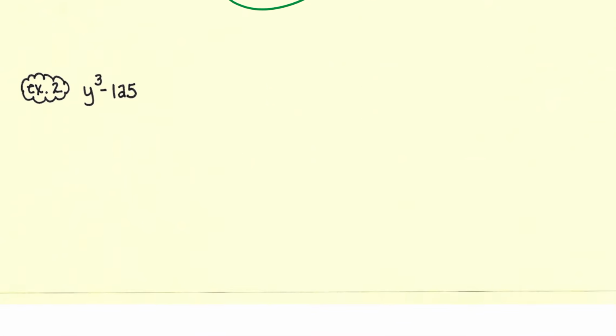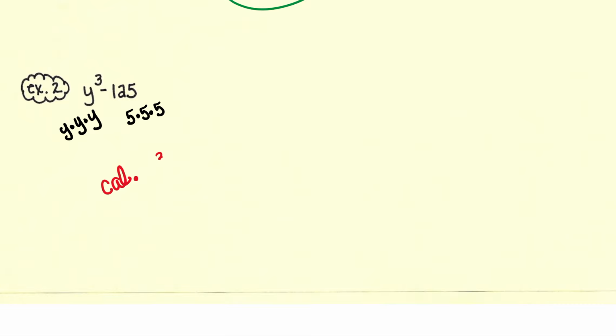Okay, let's take a look at the second one. Let's see if it fits the pattern. And it does, because we have y times y times y, and here we have 5 times 5 times 5. Now, if you're not sure that 125 is 5 cubed, 5 times 5 times 5, I'd say go to your calculator and play around with numbers, like 4 times 4 times 4, 3 times 3 times 3, 6 times 6 times 6.